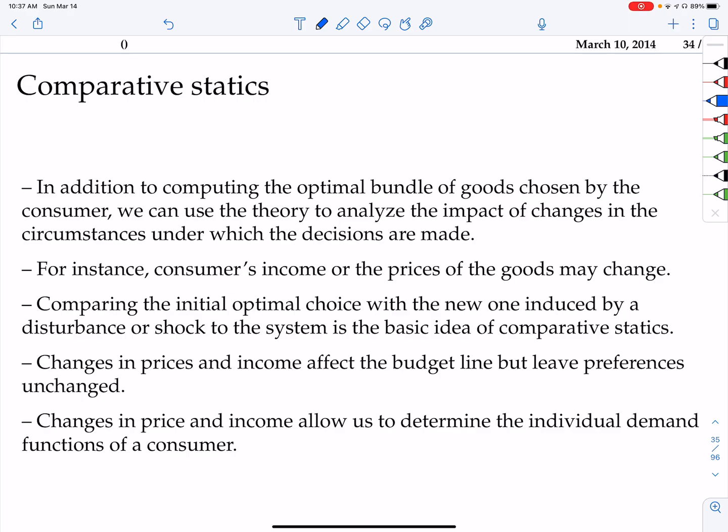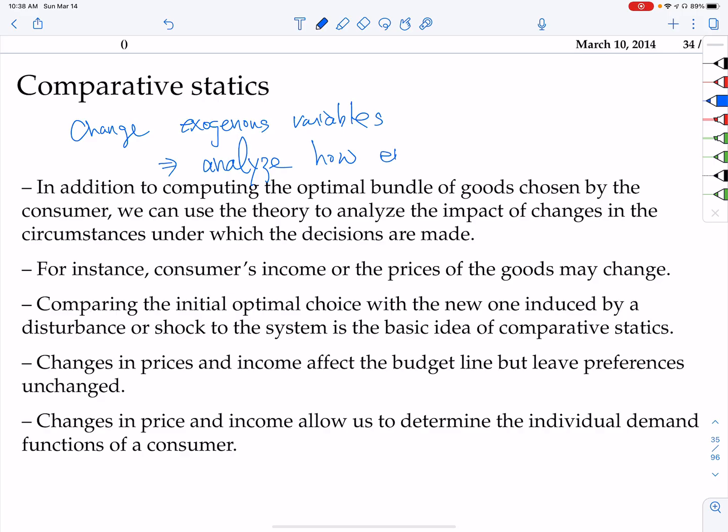More formally, you're going to change the exogenous variables and see how the endogenous variables change.